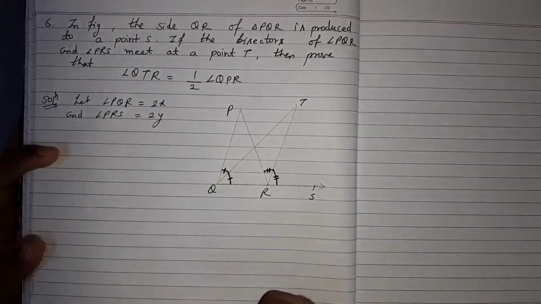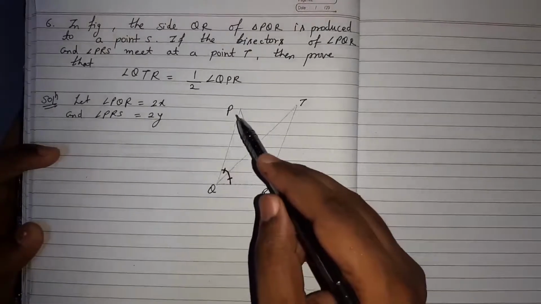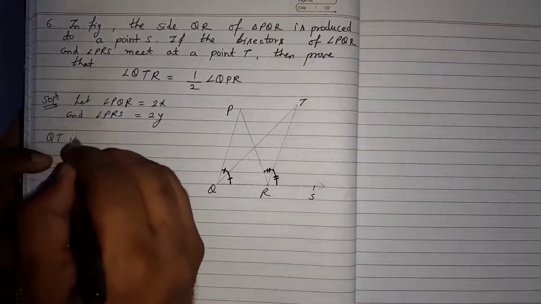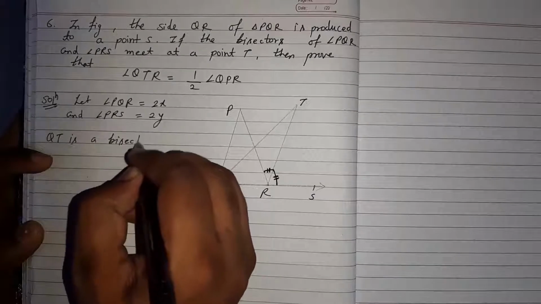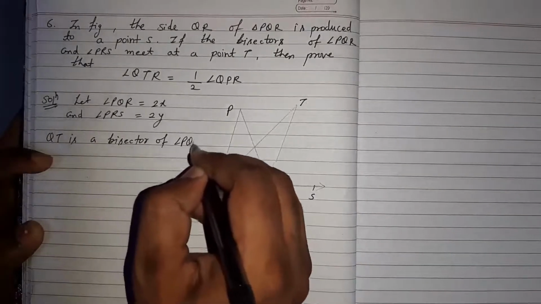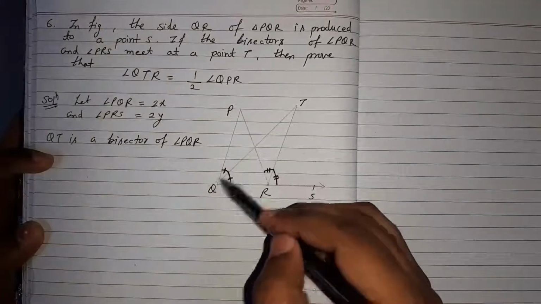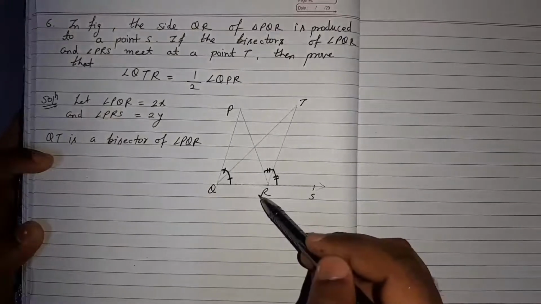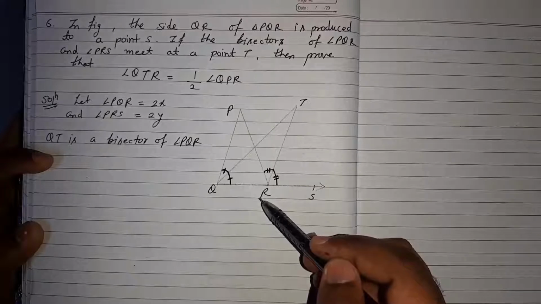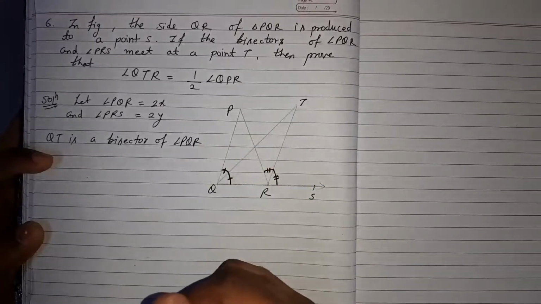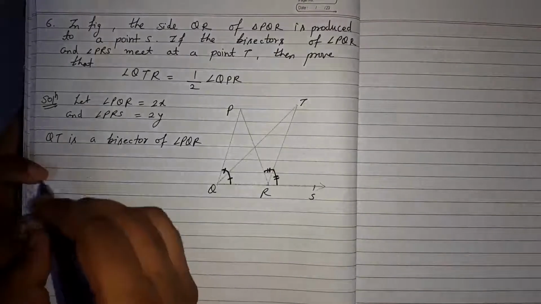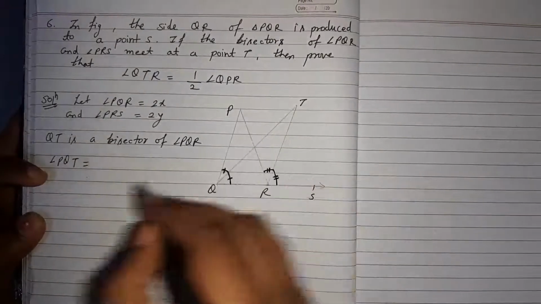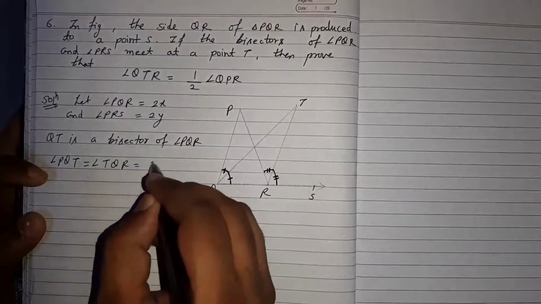Now it is given QT is the bisector of angle PQR, so these two angles, PQT and TQR, will be equal to each other, and the value of each angle is 2x by 2, so it will be x.